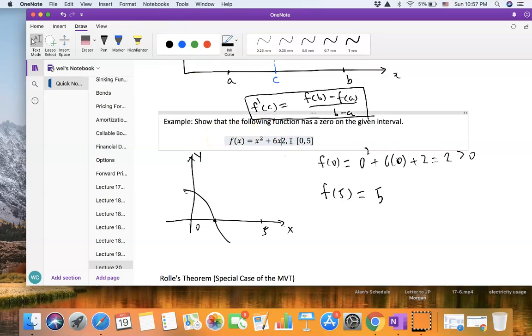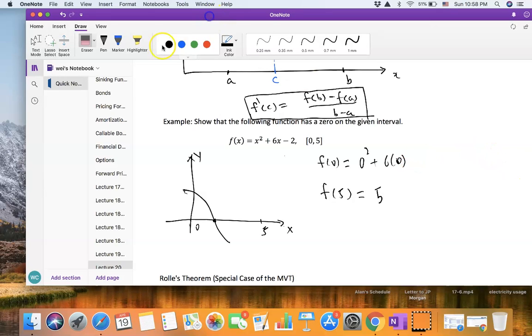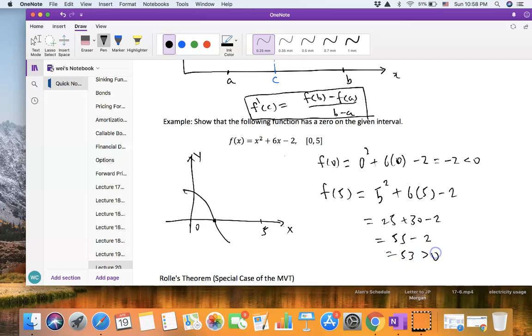This should be minus 2. And when x equals 5, this is 5 squared plus 6 times 5 minus 2, which is 55 minus 2, which is 53, which is positive.